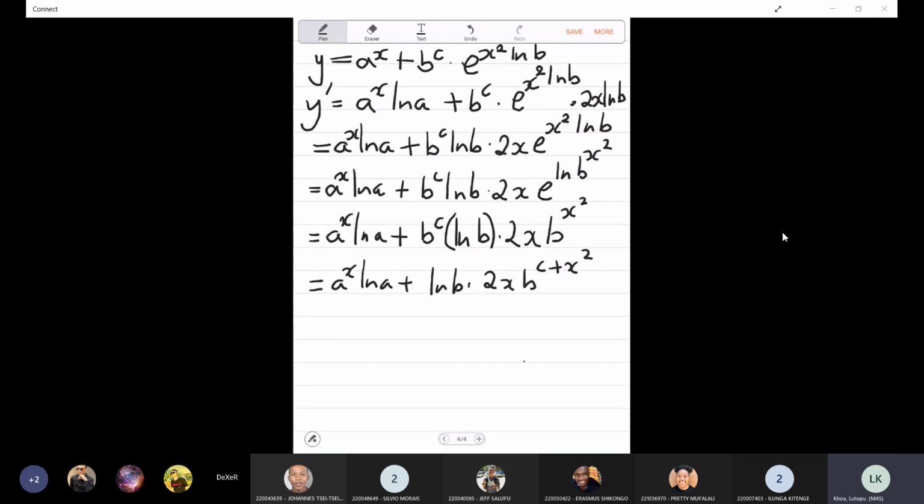It says a to the power of x ln a plus b to the power of c x squared times 2cx ln b. 2cx. How did we get 2cx?